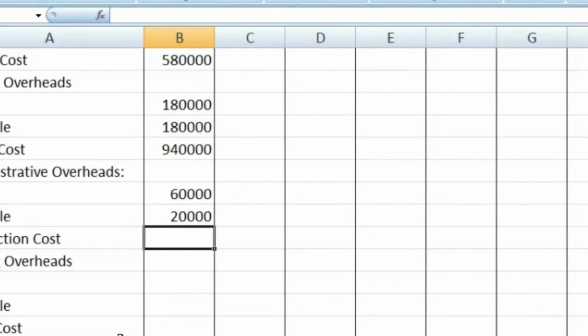Now, what is production cost? So 9,40,000 plus 80,000. It is 10,20,000. Yes. Okay. Now selling overheads.